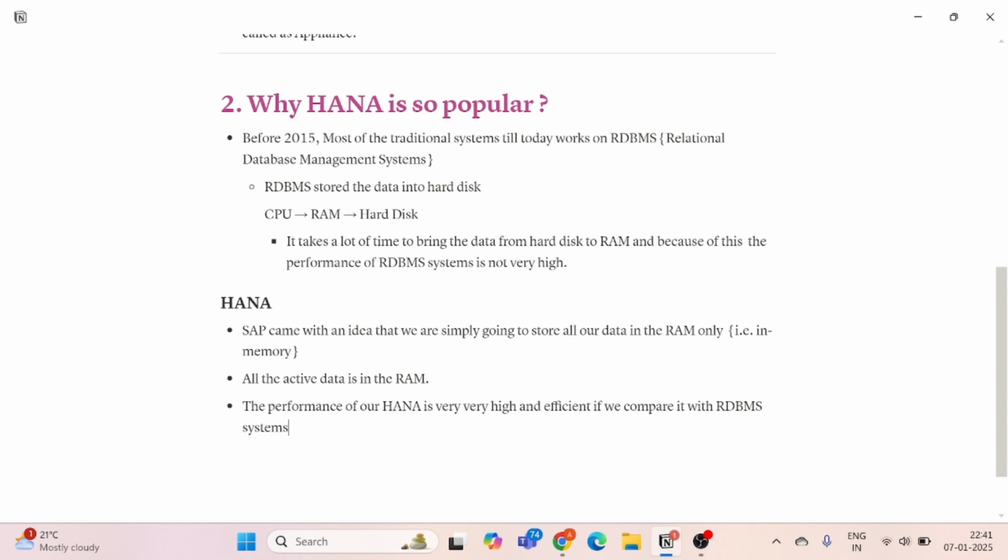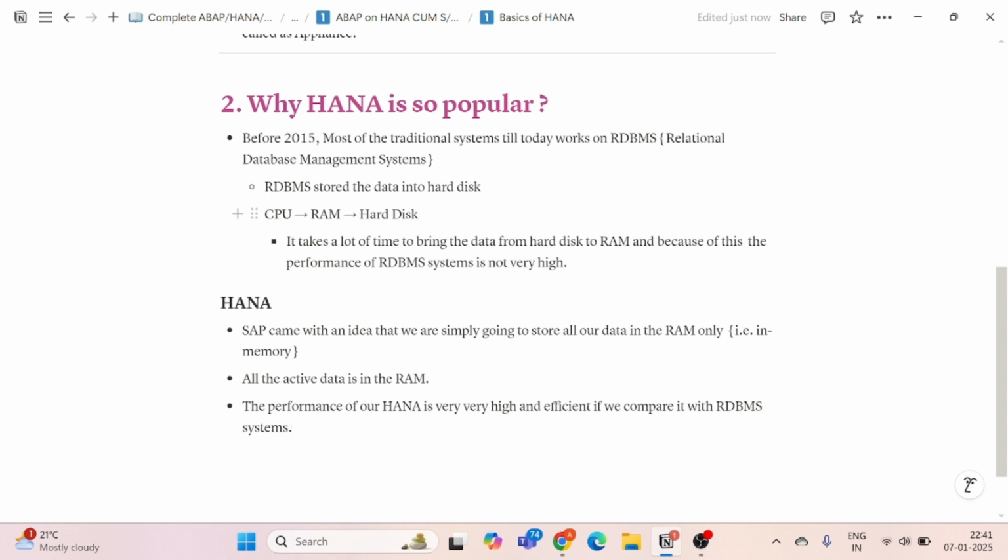Then by default the efficiency of the SAP system increased a lot because of this HANA, right? It is so easy for me to say that SAP simply came up with this approach that yes, I am going to remove the concept of hard disk, I don't need it.